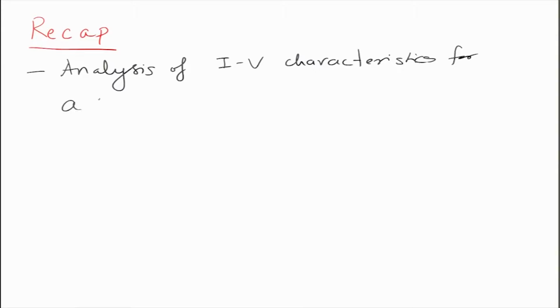in the last class we learned about analysis of IV characteristics for a p-n junction in dark, and what we did was basically we solved the minority carrier equations, right.